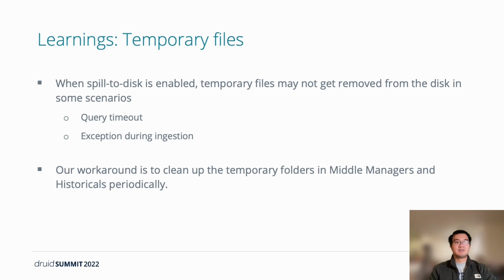In another scenario, when you are doing a very large ingestion, for example, a reindexing, and some exceptions are thrown in that ingestion, then the intermediate persist will remain on the disk without getting cleaned up. The workaround we found is to clean up the temporary folders manually using a cron job.